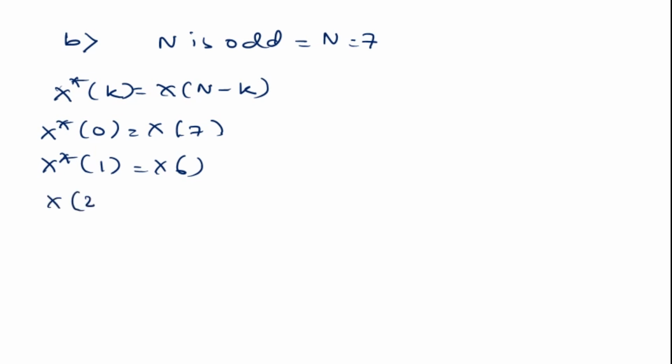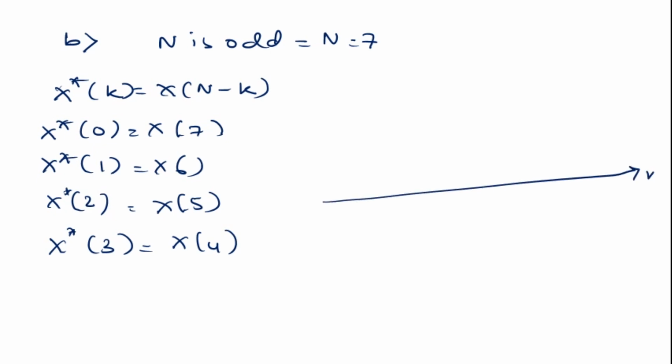X star of 2 is equal to x of 5. X star of 3 is equal to x of 4. So we can represent this for k equal to 1, 2, 3, 4, 5, 6, like this.